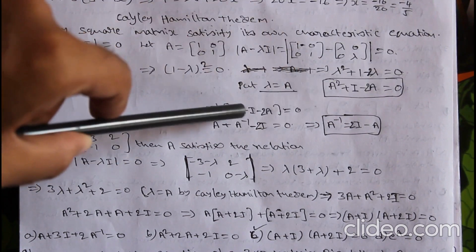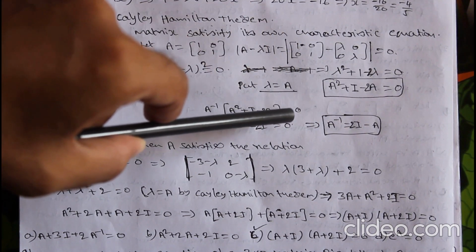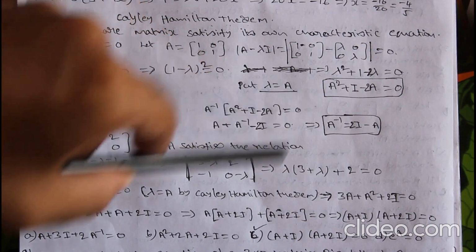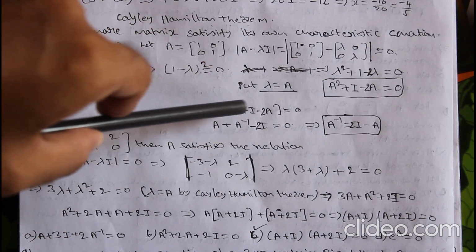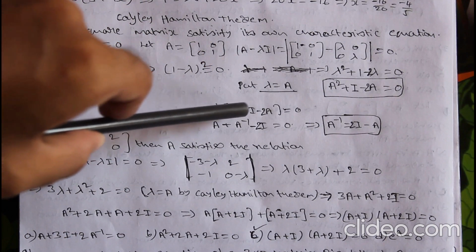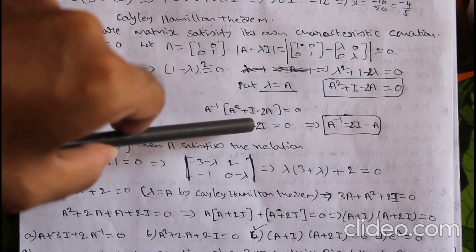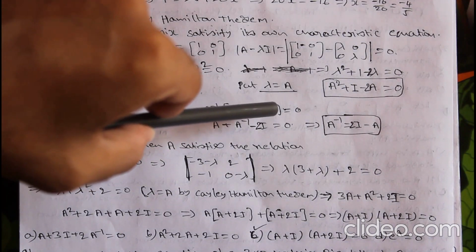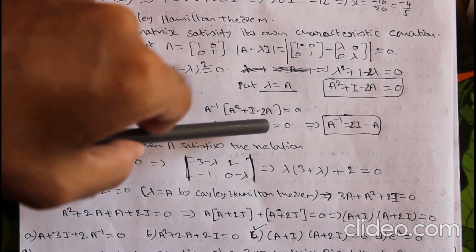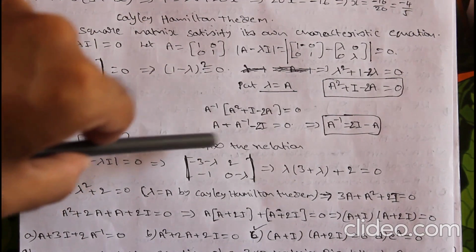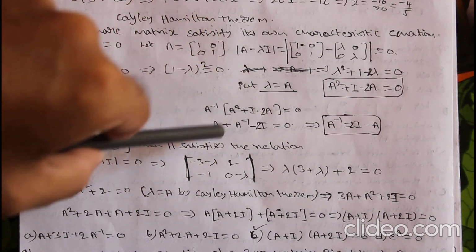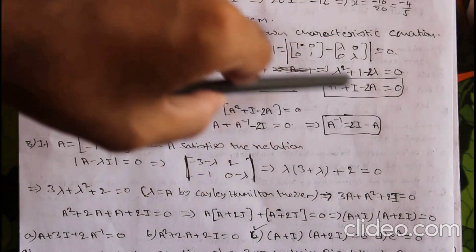So A inverse into (A square plus I minus 2A) is equal to A inverse into 0, so 0. Now multiply A inverse with these elements. So A inverse into A square gives A, A inverse into I gives A inverse, minus 2 into A inverse A, that is minus 2 into I, is equal to 0. So that will become A inverse is equal to 2I minus A.